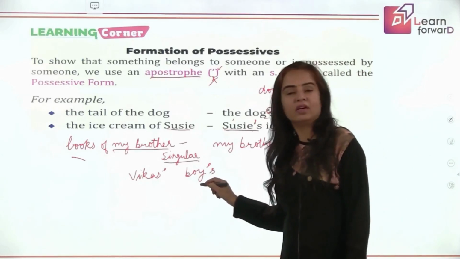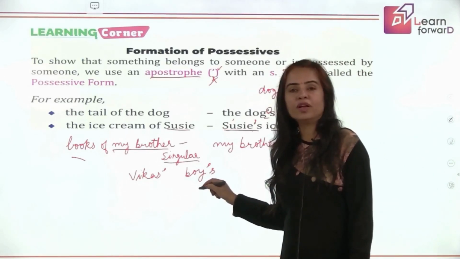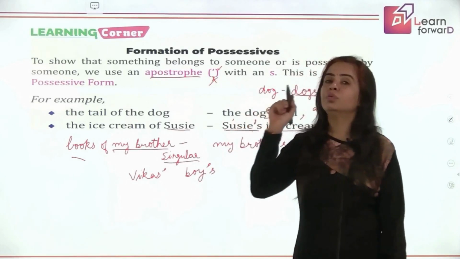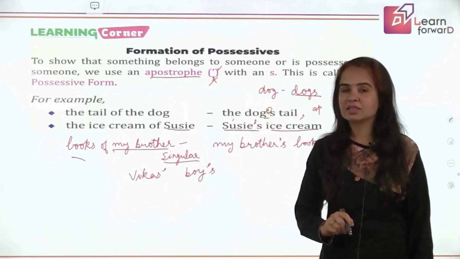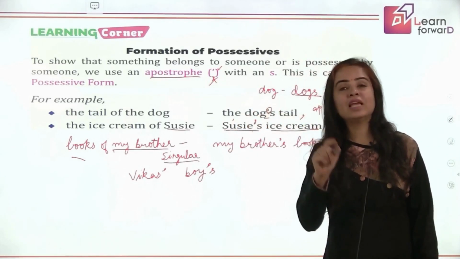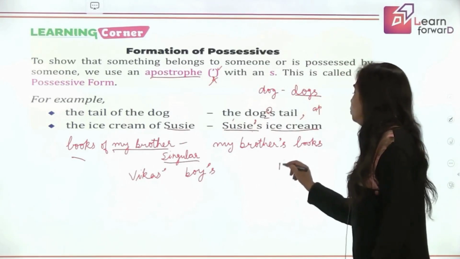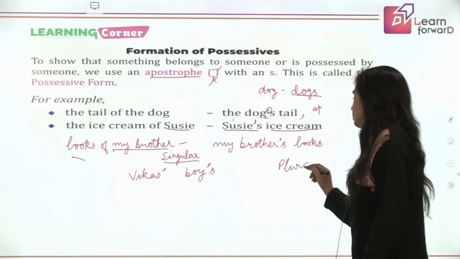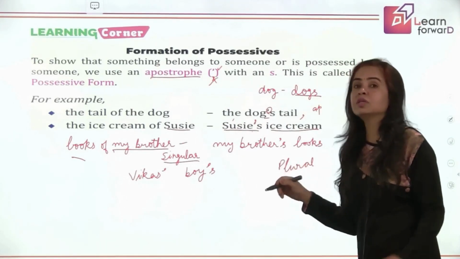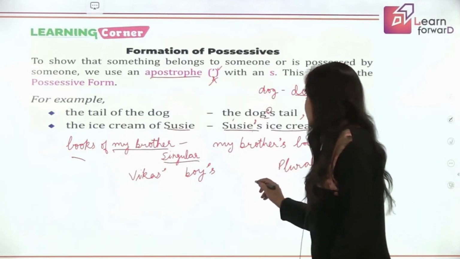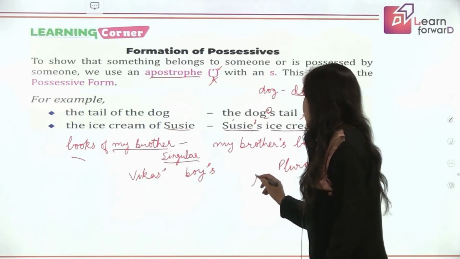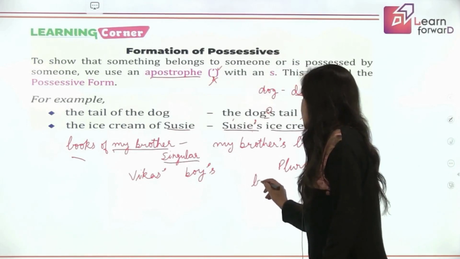Doesn't it have S at the end? Then you put apostrophe S. I hope it's clear now. The same you will see for plural nouns. In plural nouns also, sometimes the plural form already has S at the end. For example, I say babies.